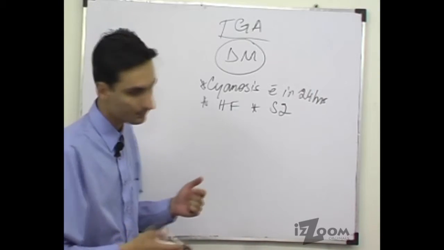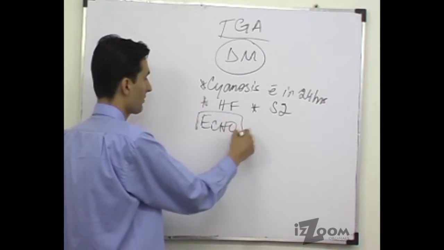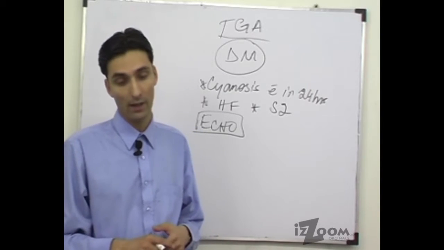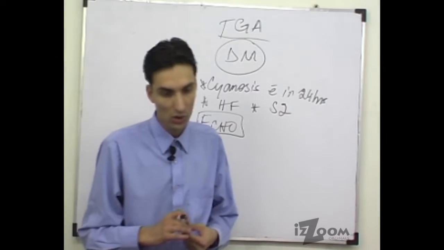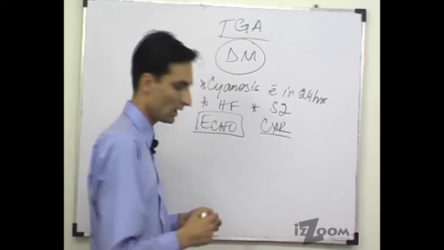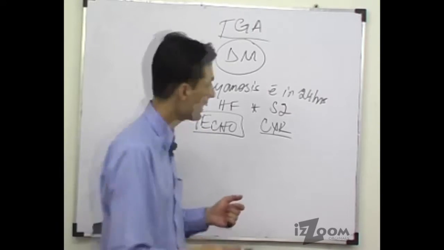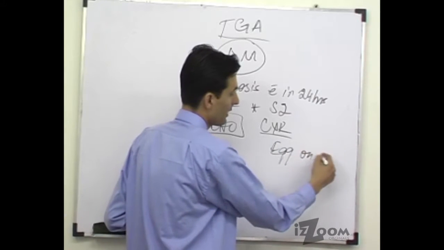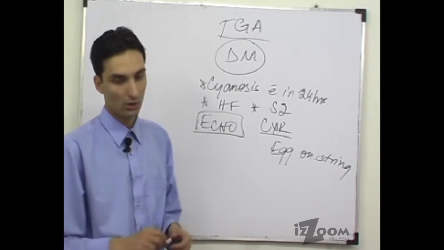in these patients. How is it diagnosed? It is confirmed by an echo, which will show the aorta arising from the right side of the heart and the pulmonary artery arising from the left side of the heart. Also, when you do a chest radiograph, the characteristic chest X-ray finding in patients of transposition of the great arteries is an egg on string appearance on the chest radiograph.